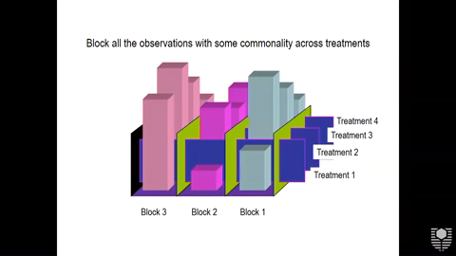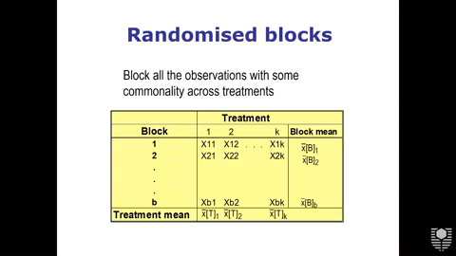I'll show you how to address it. So the blocks, or the observations, are common across the treatments, right? That's the blocks, that's the treatments. So that's an example of that.